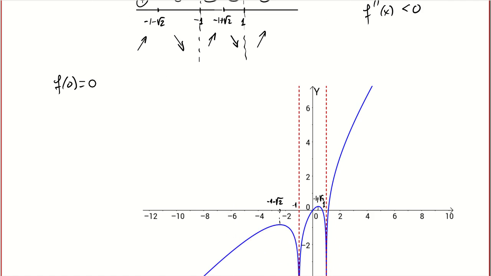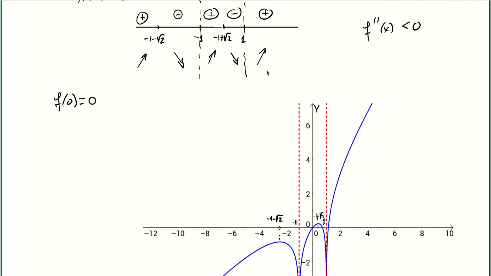So this is the pattern of growing and decreasing of the function. So it grows up to here, decreases to -infinity, then it increases from -infinity, crosses at 0, and goes to the maximum, and then decreases again. Actually, we can compute what the value of the function at the 2 points -1 plus minus square root 2 is, in order to get information about whether this is positive or negative.